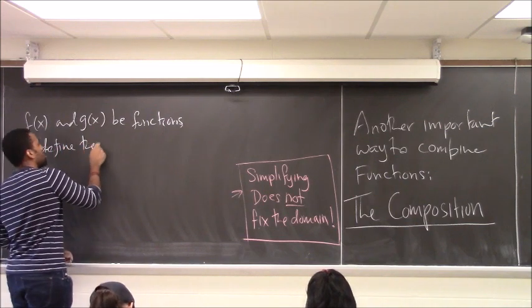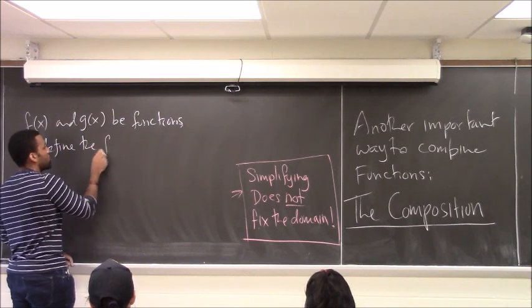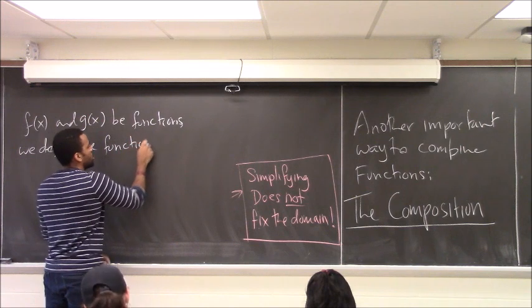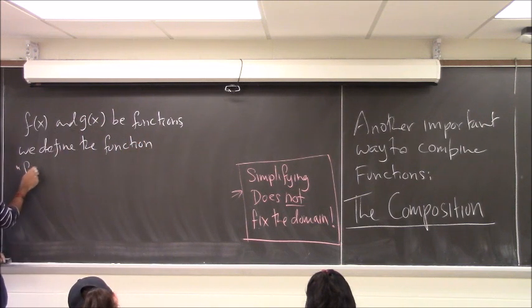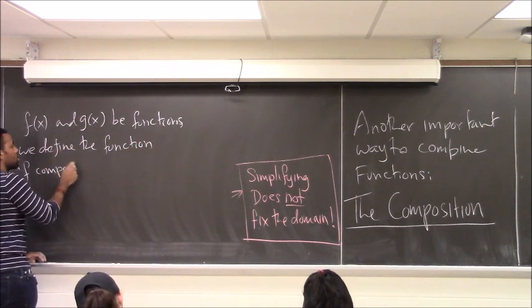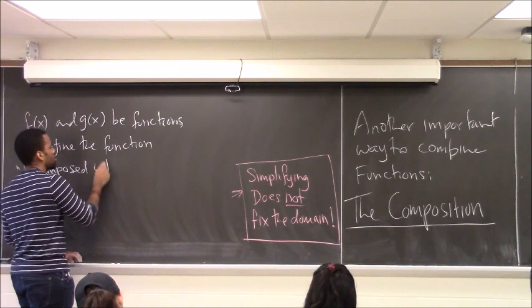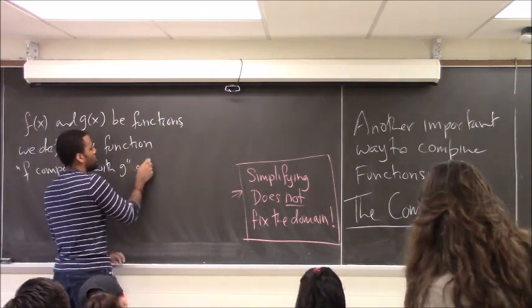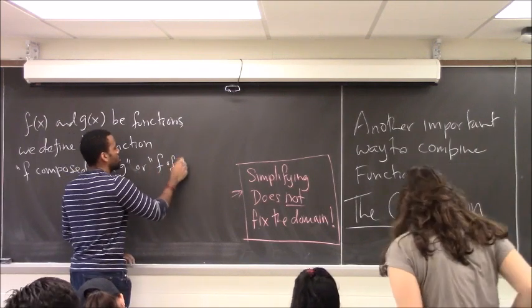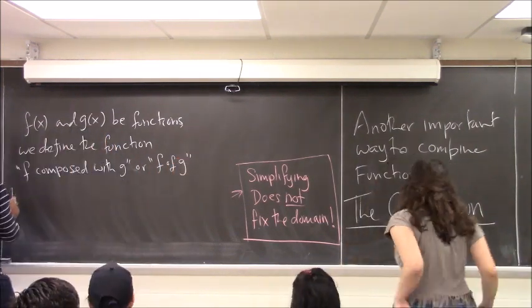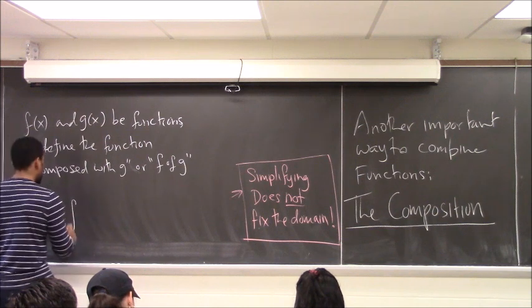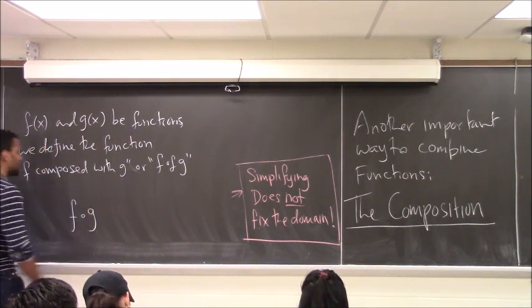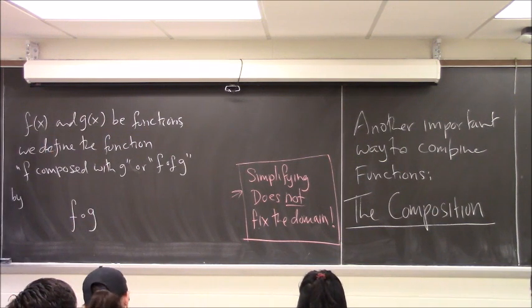We define the function called f composed with g, or f of g, by, the notation is f, you put a little circle, g. So that's how we'd write it down informally.